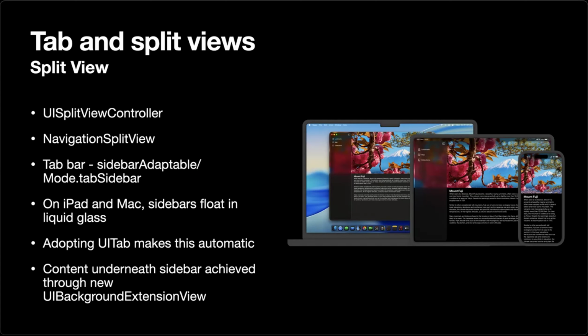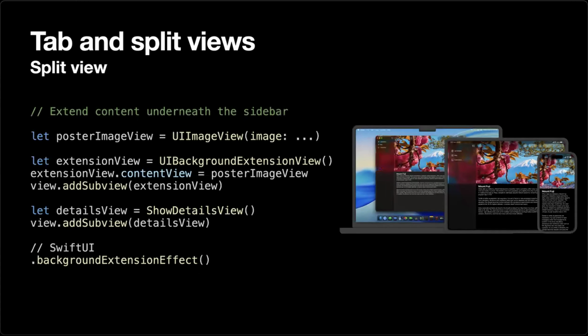The expand and collapse behavior, if you're adopting UI tab, it's more or less automatic. You see here across macOS, iPad, and iOS the appearance of the navigation split view or the UI split view controller, or if you're using tab bar controller and using UI tab. In this example here, they have a poster image.